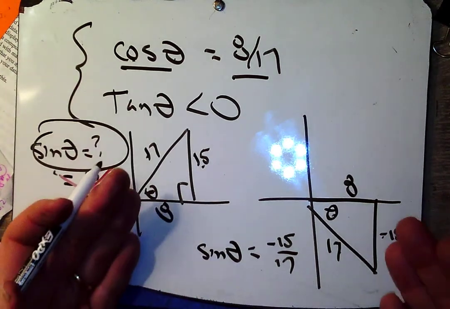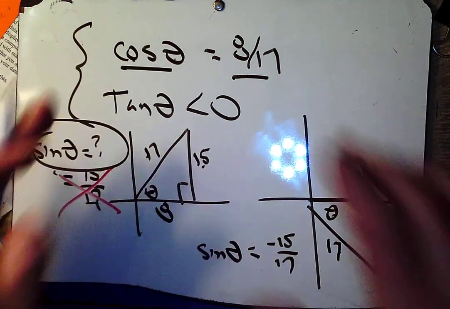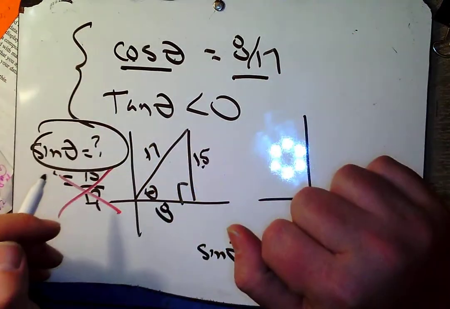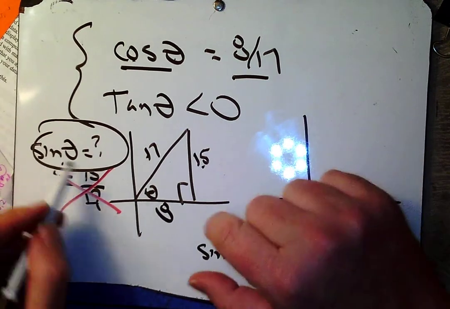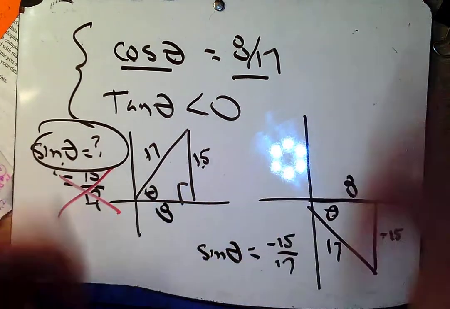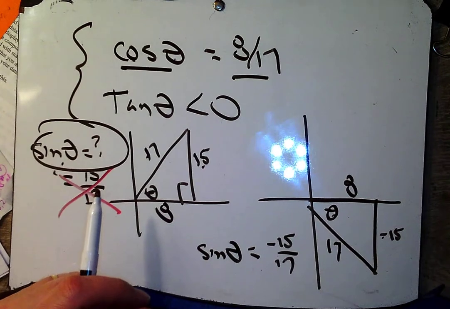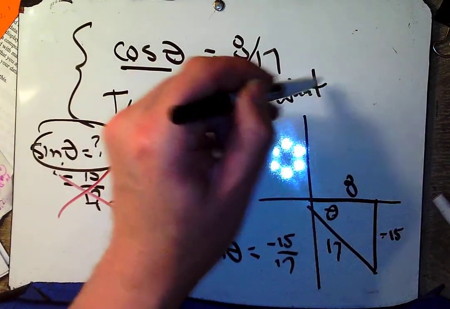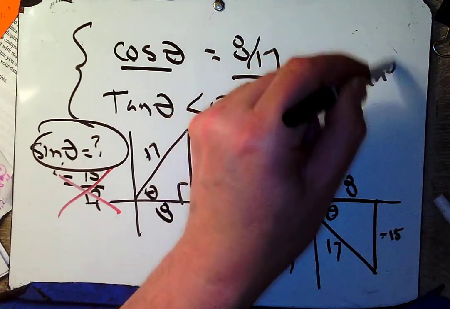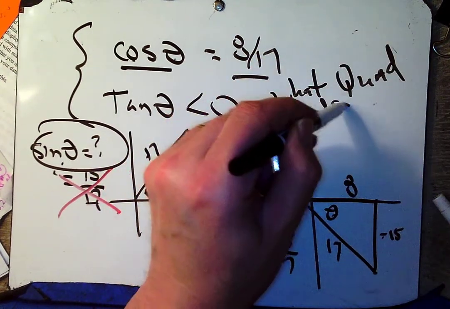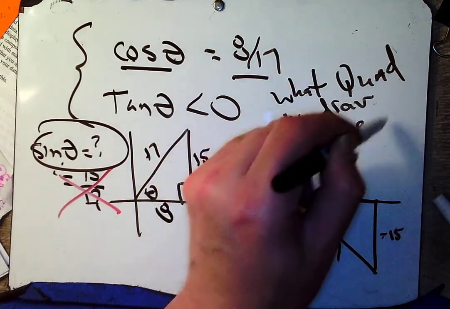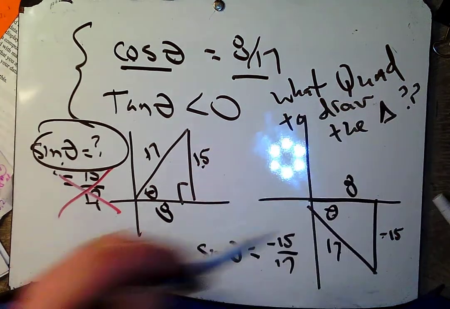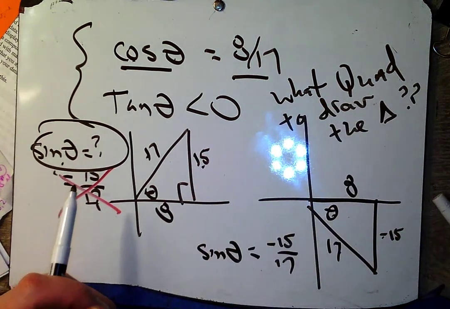So the student may know how to draw a triangle, how to label some sides, how to find the sine in this picture, and still get the problem wrong because they're not thinking first what quadrant to draw the triangle in. That needs to happen first.